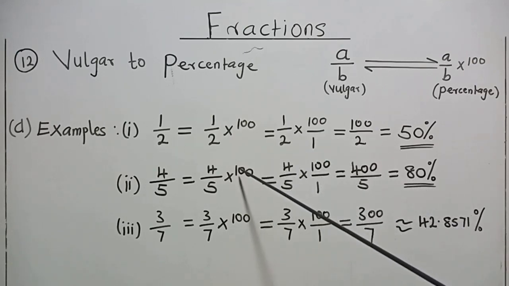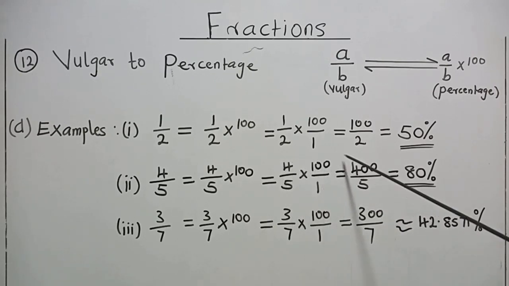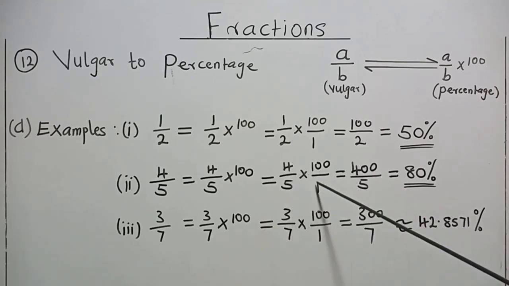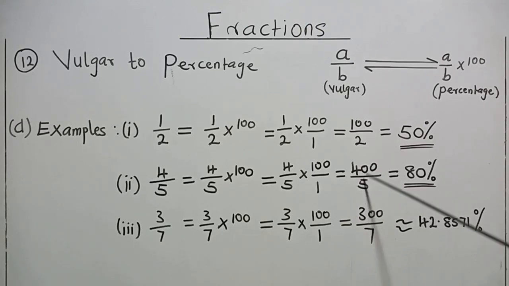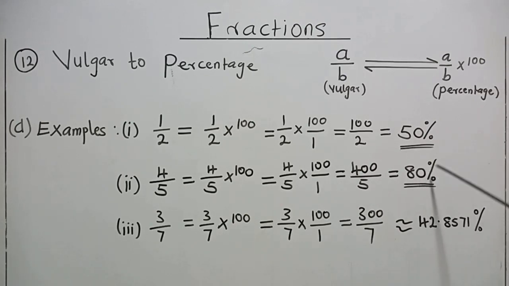Again, let this take the structure of a fraction, though it is not. That is why this 1 is here. So 4 times 100 is 400. 5 times 1 is 5. When 5 divides 400, the answer is equal to 80. Because of that, picking 4 out of 5 is just like picking 80 out of 100.